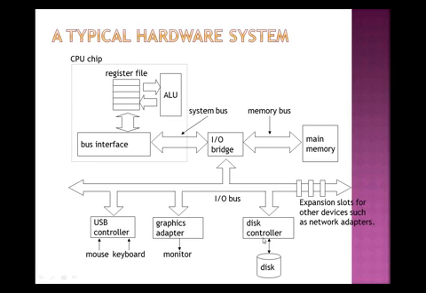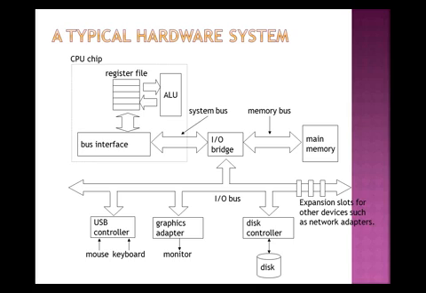Then there is a disk controller that controls the disk. Then this is the input output bus that provides the interface between the input output bridge, the CPU chip and the main memory. This bus also includes the USB controller, graphics adapter, and the disk controller that is attached to the disk. So this is a typical hardware system.